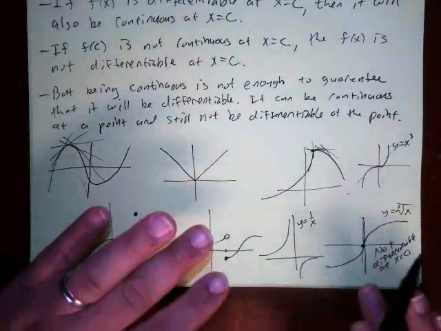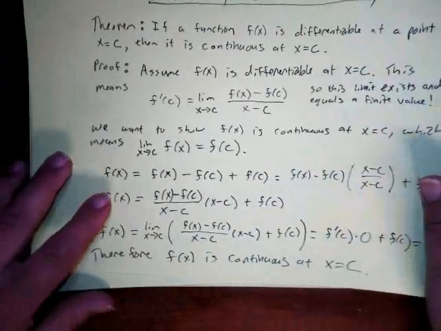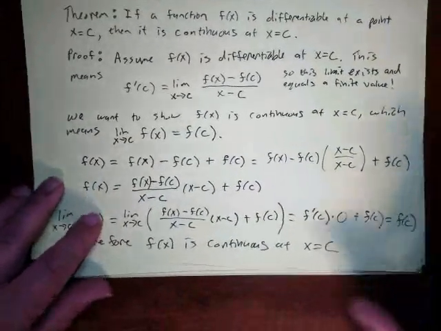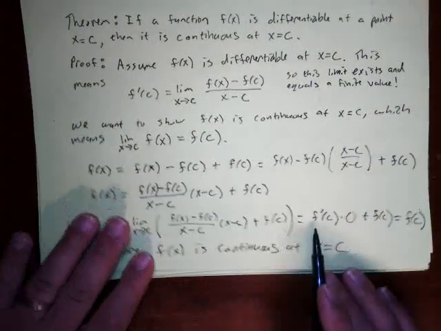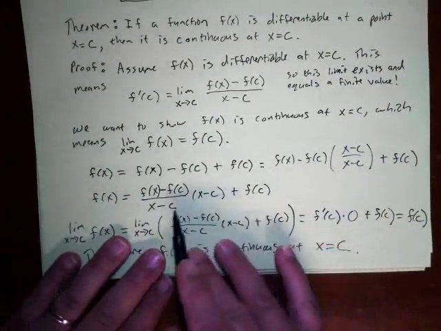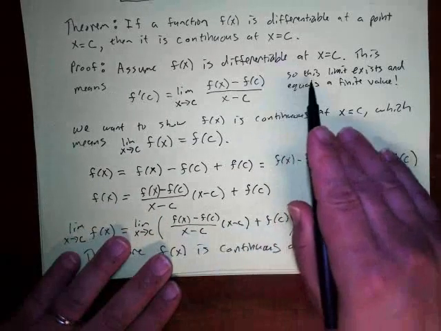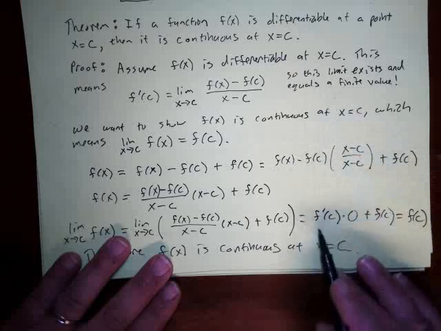To maybe motivate why this would be the case, notice this theorem would not have worked, because at this point I had to rely on the fact that when I took this limit, I got a finite value. Remember, I said this limit exists and it equals a finite value.